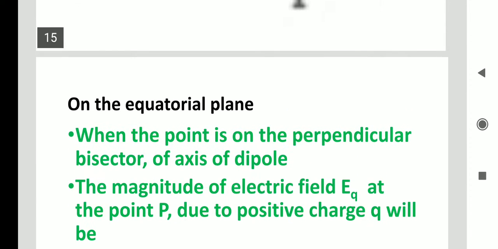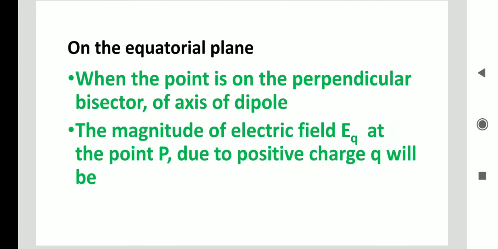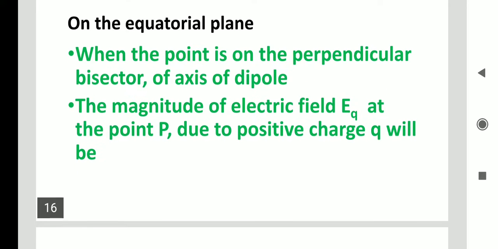Next, if the point is on the equatorial plane, or the perpendicular bisector of the axis of the dipole, we consider the magnitude of the electric field at the point P due to the positive charge.